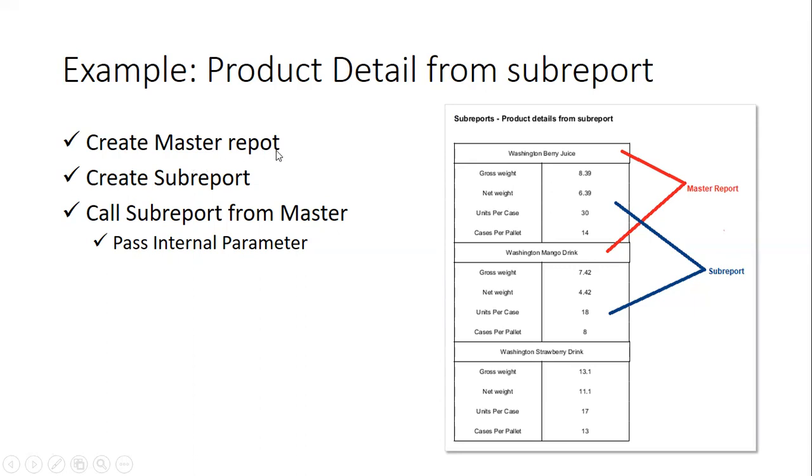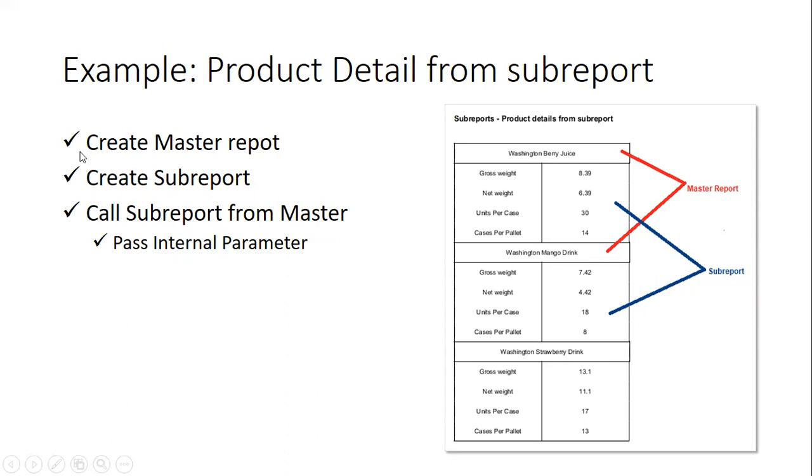This demonstration is divided into 3 parts. First, we create a master report, then we create a sub-report, and finally, we call the sub-report from the master report. To make the sub-report data consistent with the master report data, we pass a parameter from the master report to the sub-report.